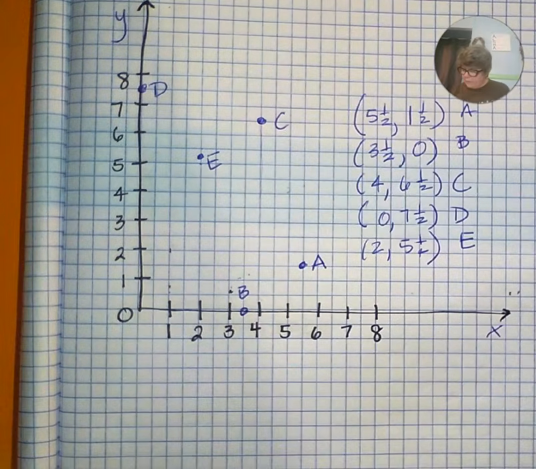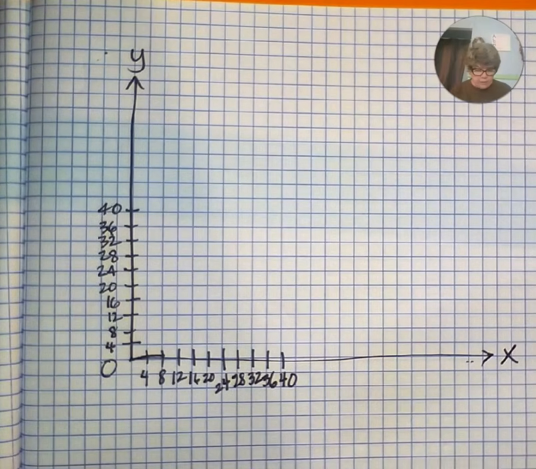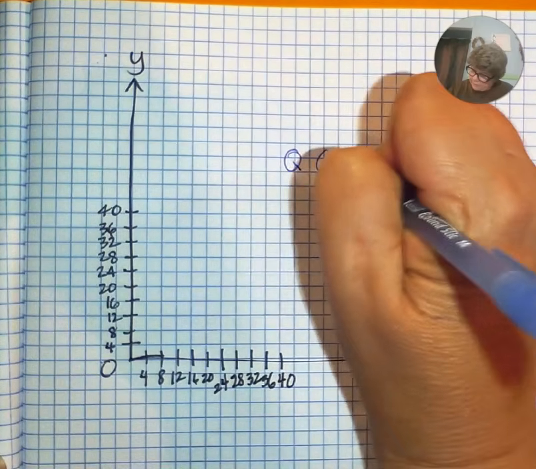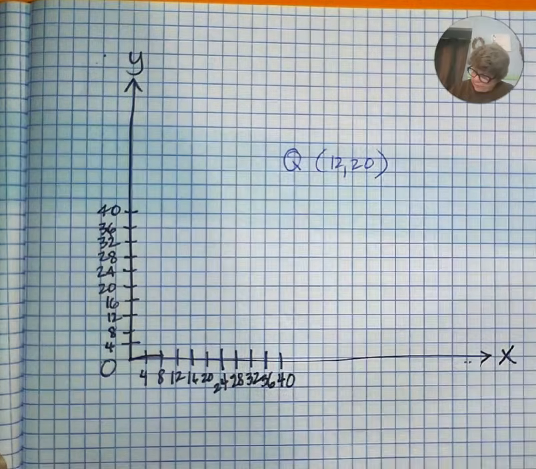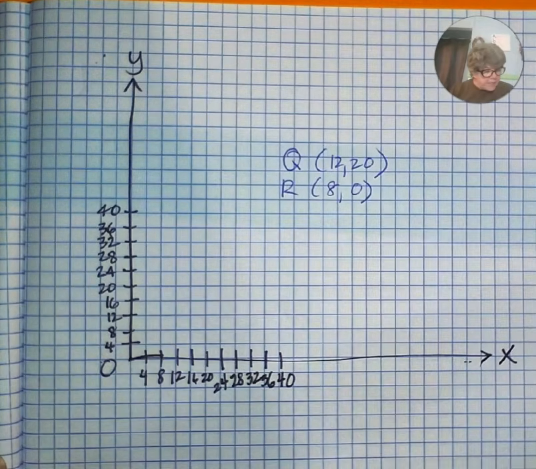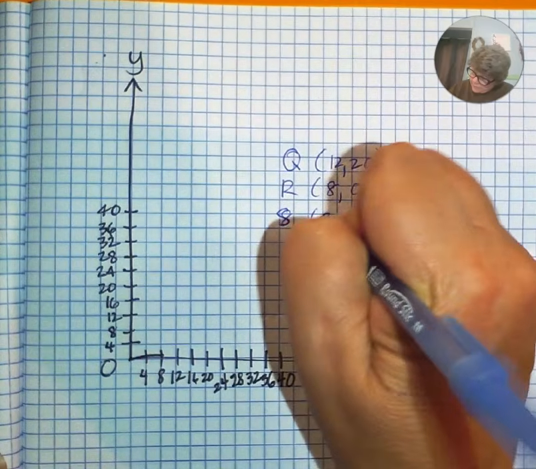Okay, very good. And then let's look at your B chart really quick. I know we're a little over time, so we're going to try and go quick on our B chart. Let's look at the x-coordinates of given points. So let's look at Q, 12, 20, and R, 8, 0, and S, 32, 32.